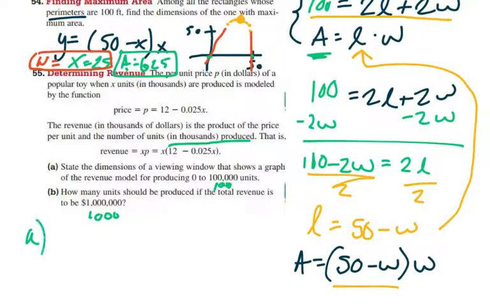So if we think of what they're asking for, what is your window going to be in order to be able to display between 0 and 100 units? So basically they just want to know how high does it need to go. Well, if you take the time and plug in an x of 0, you're going to get a y of 0. So that just means that it starts down here.